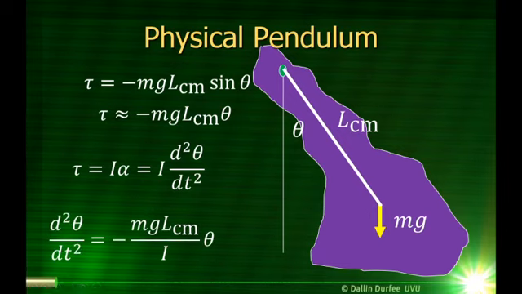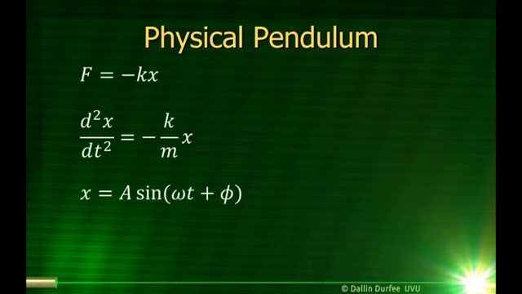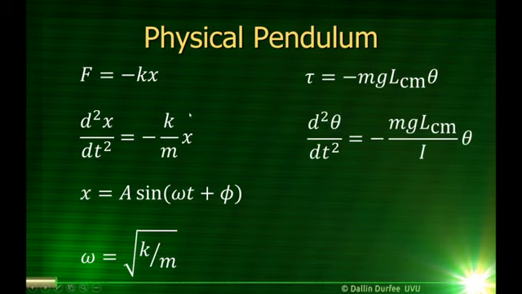All right, so if we plug this in for torque and then solve for the second derivative of theta, we get this, which again looks an awful lot like a mass on a spring. So the mass on a spring, we had a force, we had our equation of motion, we found our solution and said omega is the square root of k over m. For the physical pendulum, we have a torque that looks like this. When we use Newton's second law, we got this equation right here, which looks just like the mass on a spring equation, except instead of x as a function of time, we have theta as a function of time.